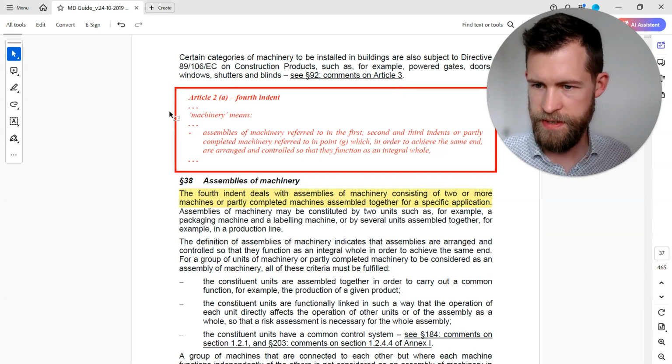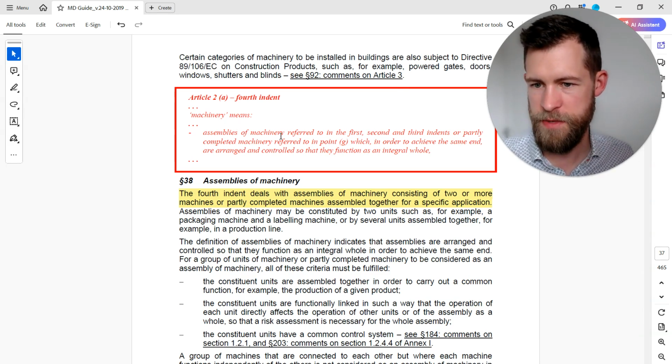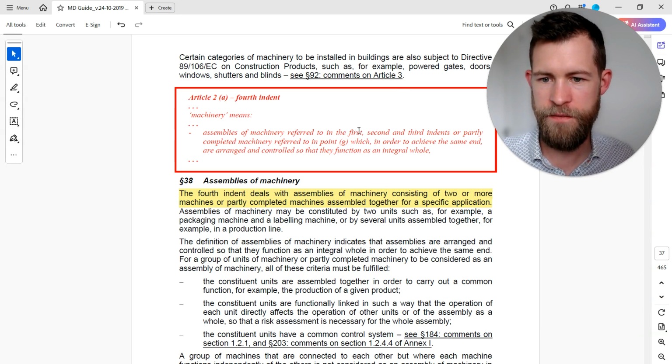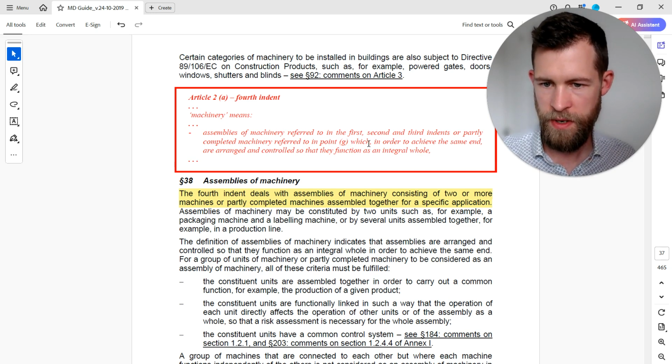The fourth indent: so what does machinery mean? It's an assembly or assemblies of machinery referred to in the first, second and third indents, or partly completed machinery referred to in point G, which we'll get onto, which in order to achieve the same end are arranged and controlled so that they function as an integral whole.